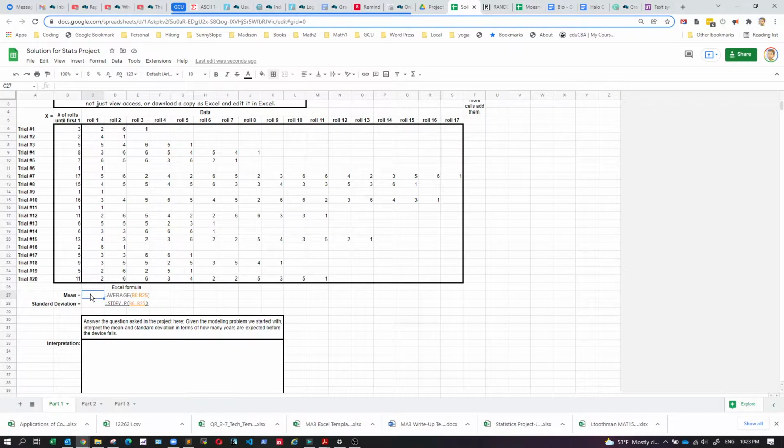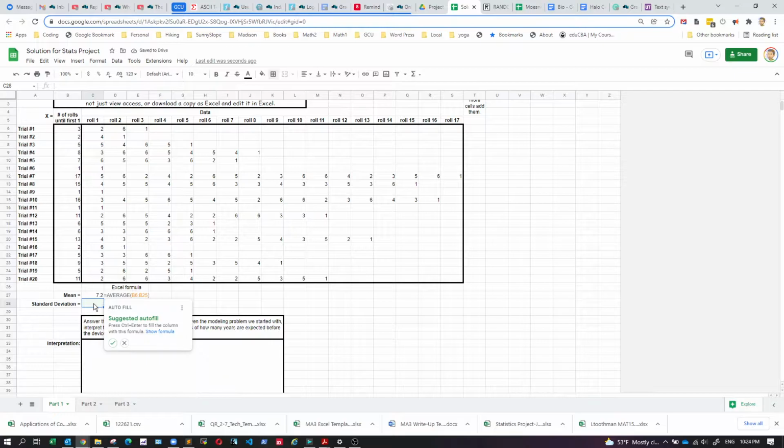So for the mean here, I actually give you the formula, so I just use this formula, equals average. Oops, let's see. Again, it's trying to be too smart. Let's try that again. Equals average. I didn't want it to fill that out for me. And then I want these.